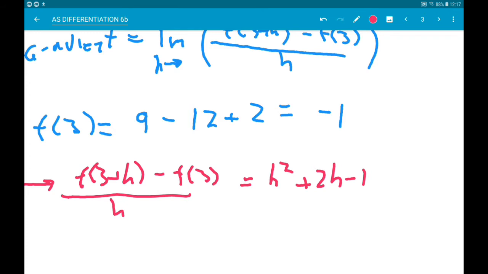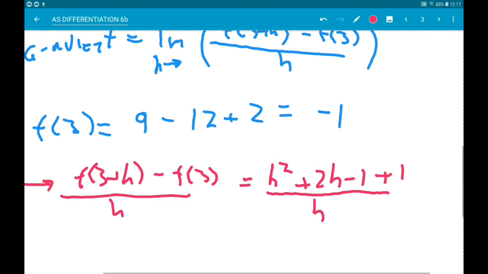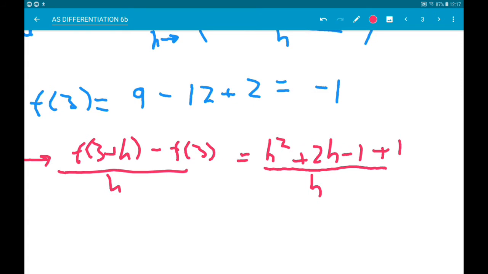So minus 1. So plus 1. All over h. Now the 1's cancel. So we have h squared add 2h all over h, which then becomes h add 2.